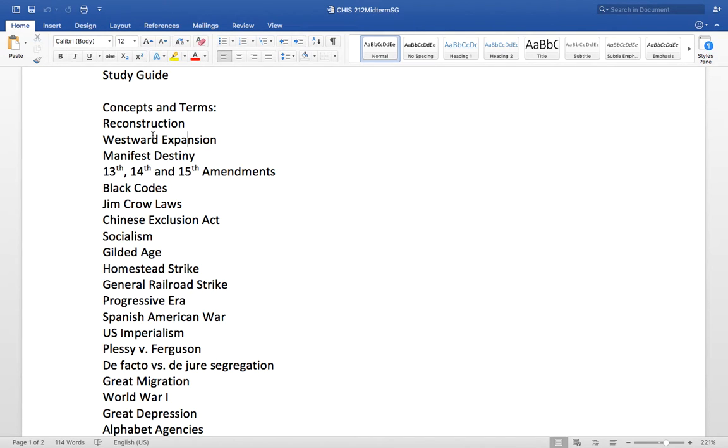The Black Codes are state laws that are put into place in former Confederate Southern states to try to prevent racial equality and specifically to disenfranchise African Americans. We also spent some time looking at the Chinese Exclusion Act.